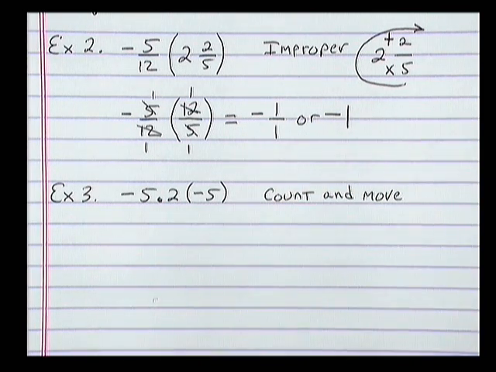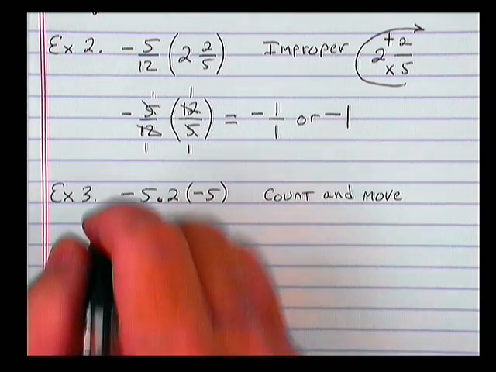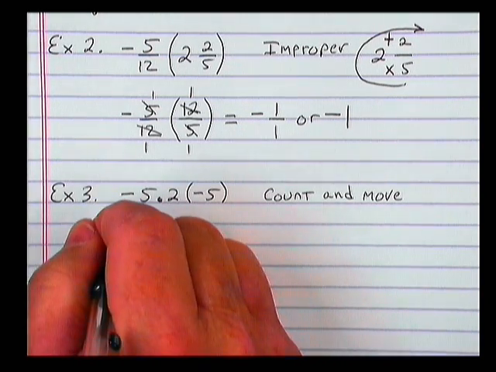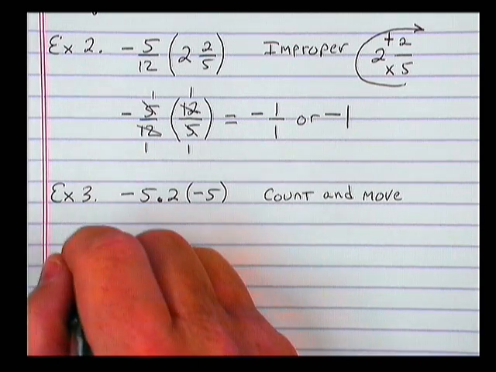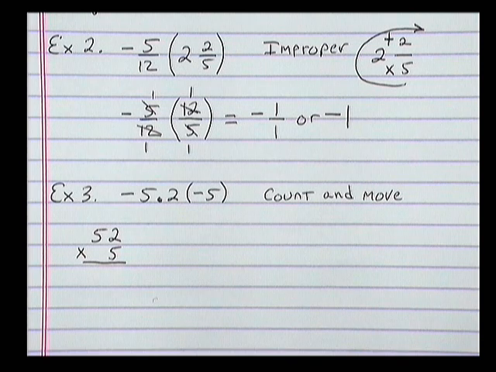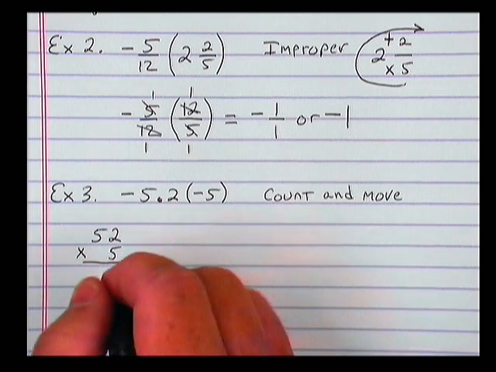Count and move. That's all you have to do. When looking at this number, all I'm going to do is multiply 52 times 5. Notice I didn't worry about decimals yet. I didn't worry about positive and negative numbers. All I'm doing is multiplying.